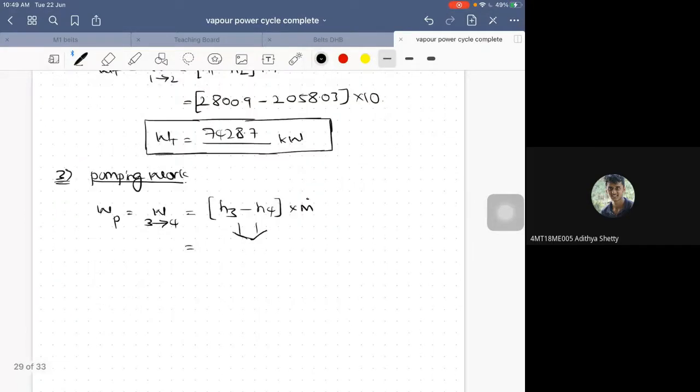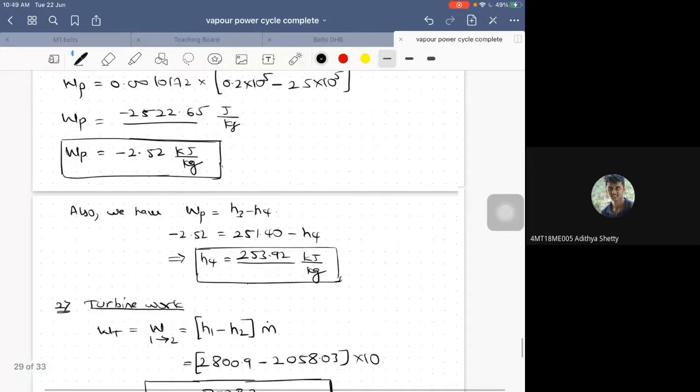So I would just write minus 2.52 kilojoules per kg cross 10. So it is minus 25.2 kilowatts. So that is your pumping work. Okay.